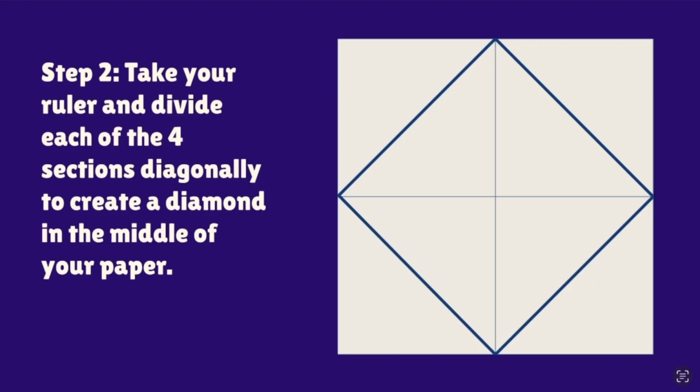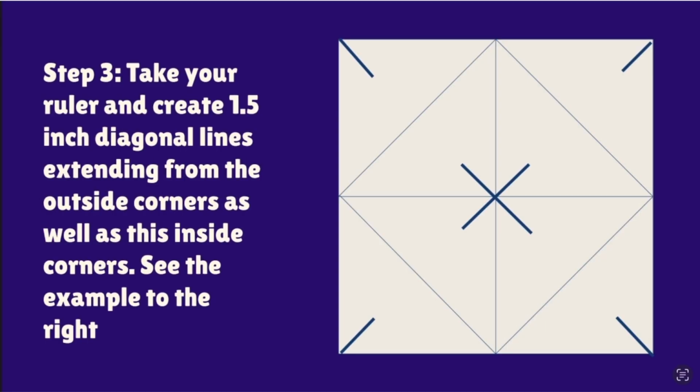Step 2. Take your ruler and divide each of the 4 sections diagonally to create a diamond in the middle of your paper. Step 3. Take your ruler and create 1.5-inch diagonal lines extending from outside corners as well as inside corners. See the example to the right.